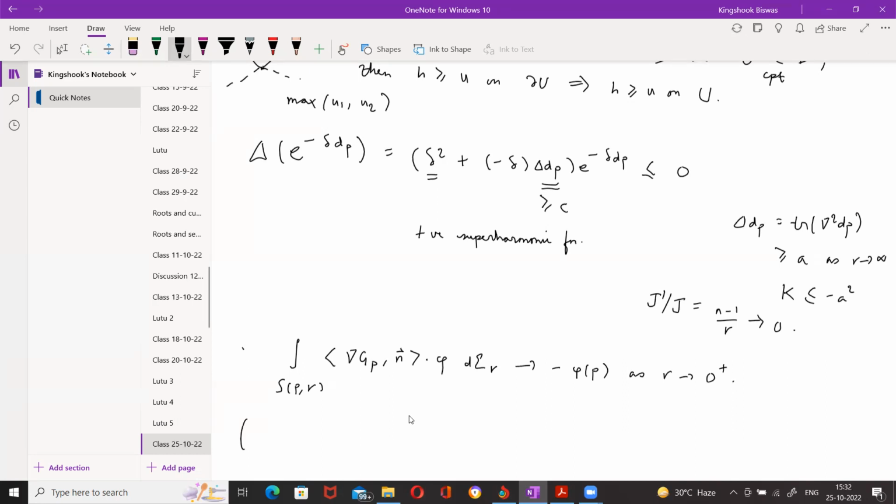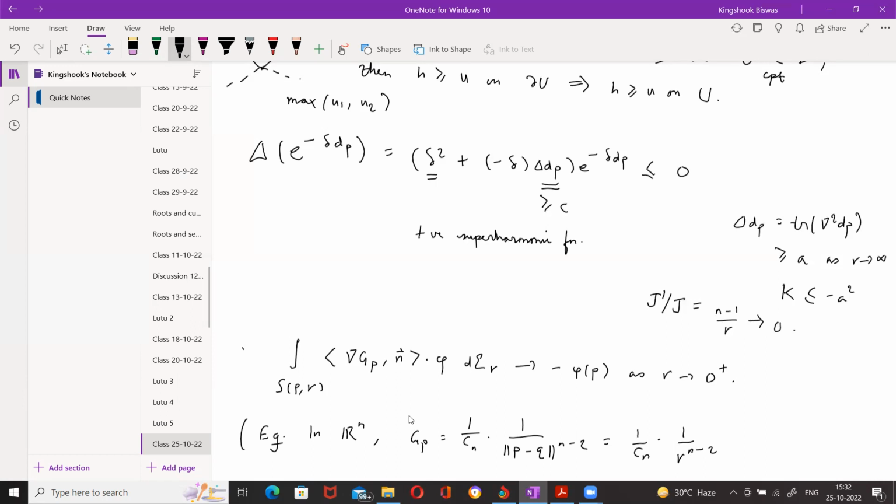By a computation example in R^n, this G_P is a constant times 1 over the norm of P minus Q to the n minus 2. So in terms of the r coordinate, it's just a constant times 1 over r to the n minus 2.